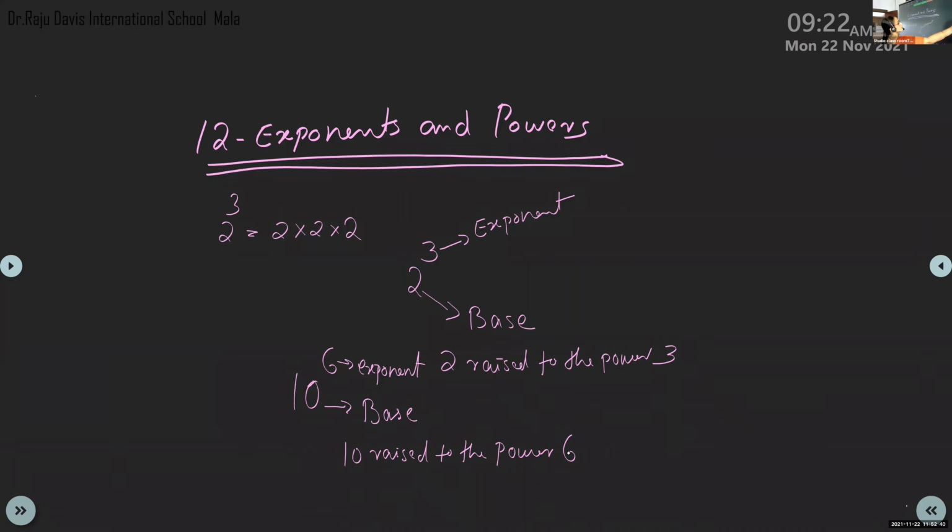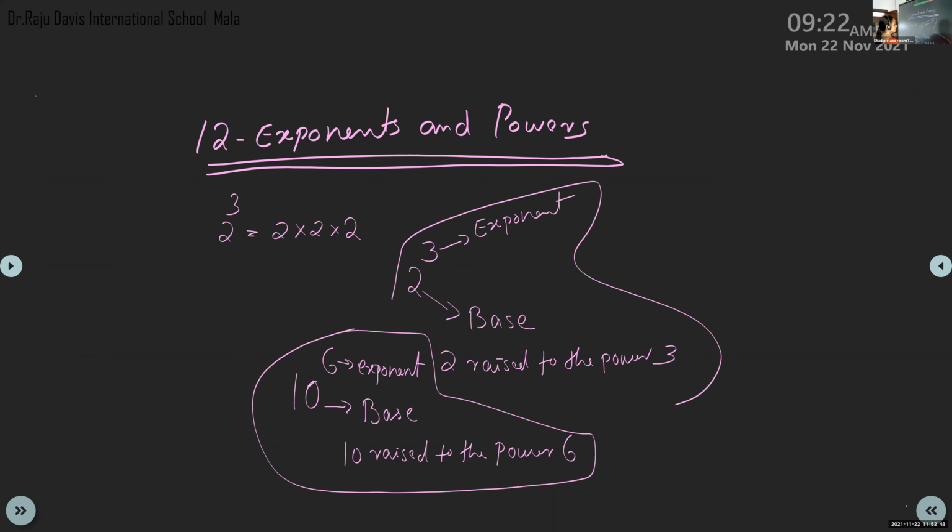Okay, so this is 1, 10 raised to 6, and this is 2 raised to 3. 2 raised to 3 means 2 into 2 into 2, we are multiplying 2 three times. 2 is the base and 3 is the exponent.